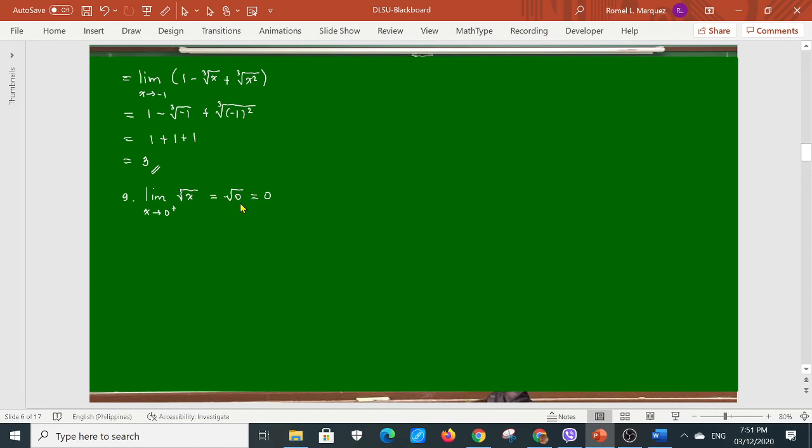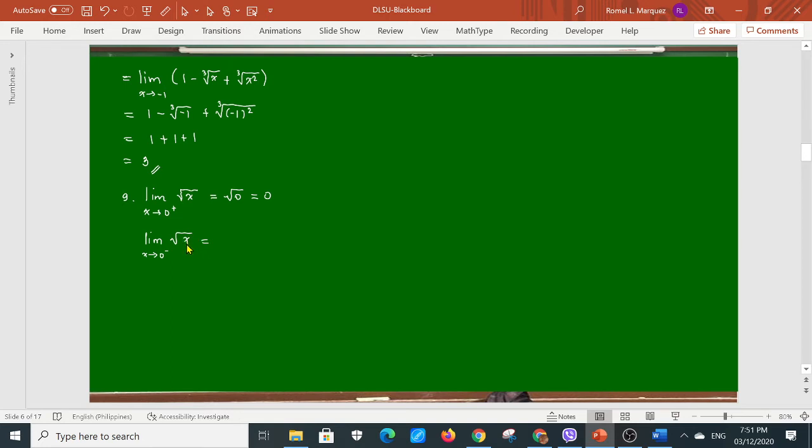So we can substitute. But let us have another one. The limit as x approaches 0, but this time from the left, of square root of x. What are we substituting to x? Negative values that are close to 0: negative 0.01, negative 0.001, negative 0.0001.